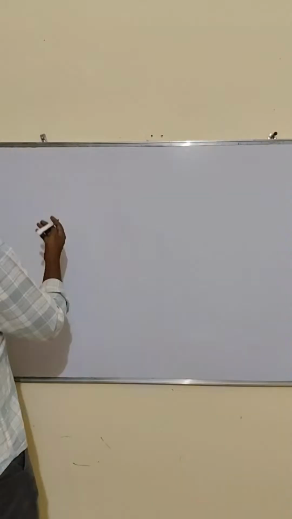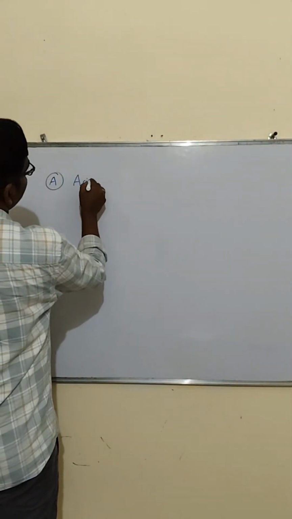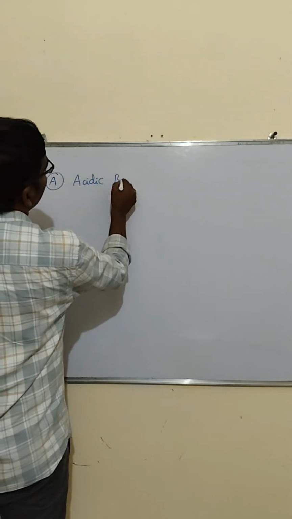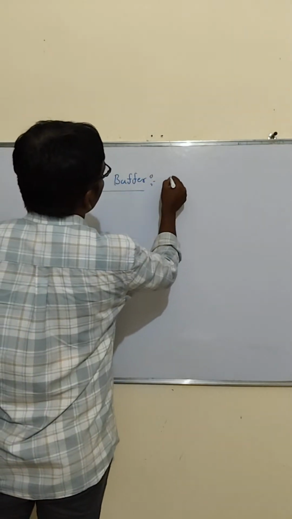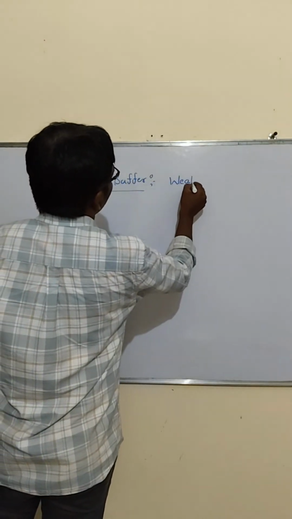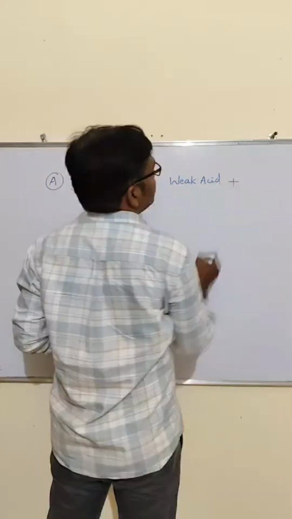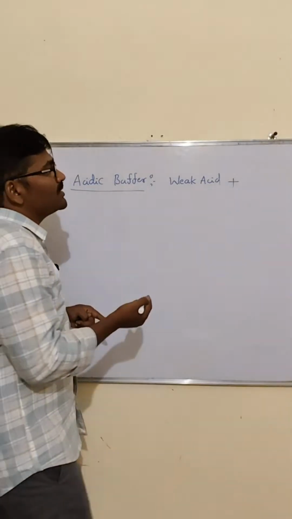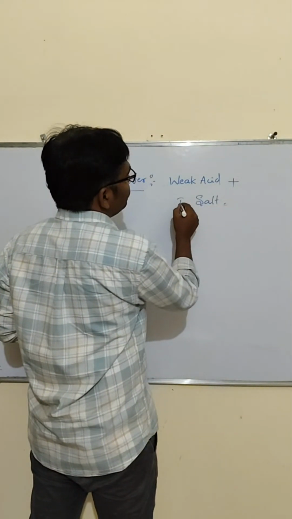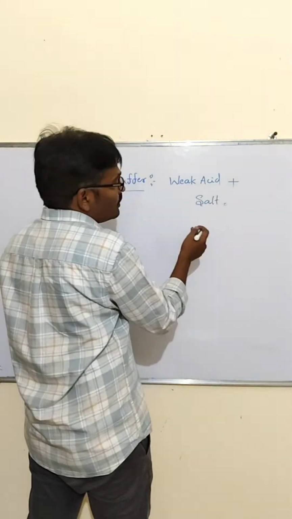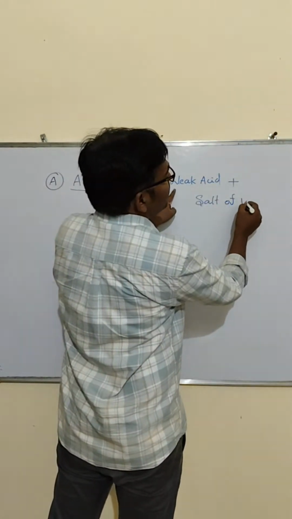Now we are going to discuss the first one, that is acidic buffer. Acidic buffer is a mixture of a weak acid and its salt of a strong base, otherwise called the salt of a weak acid and strong base.